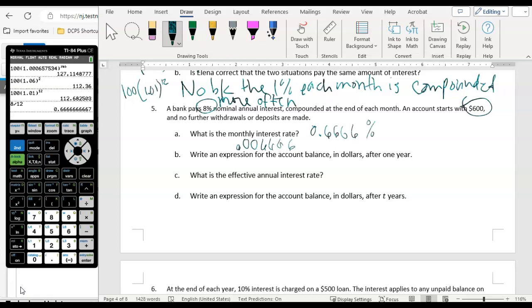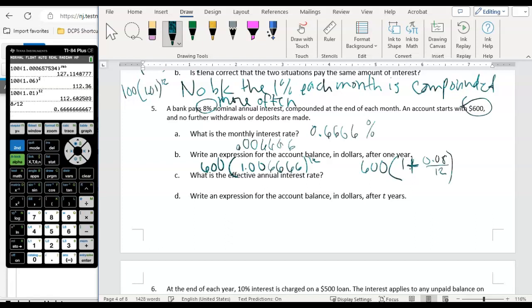Sorry, you all, that this is so disjointed because I have now been interrupted multiple times. But anyway, the expression for the account balance would be 600, that's our starting amount, times 1.0066666. You can go on however many times you want, to the power of 12. If you wanted to also write this without all of those decimals, you can write it as 600 times 1 plus, right, because we're adding that 1, 0.08 divided by 12.